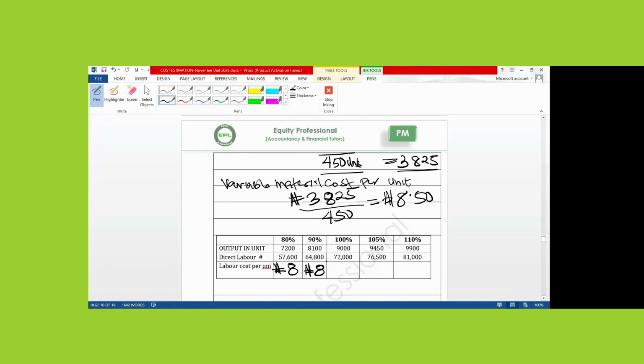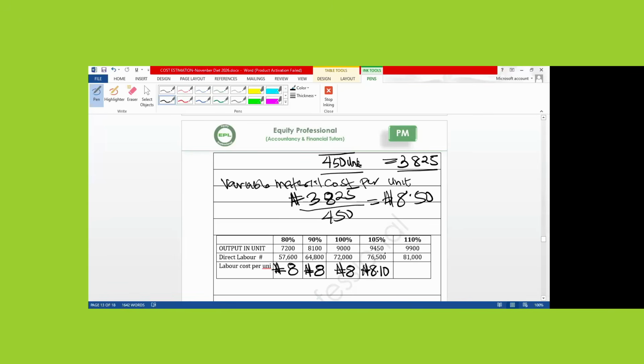Next, 8 naira also. Then 8.09, so approximately 8.1. 8 naira 10 kobo.